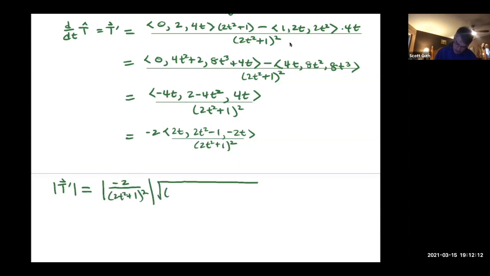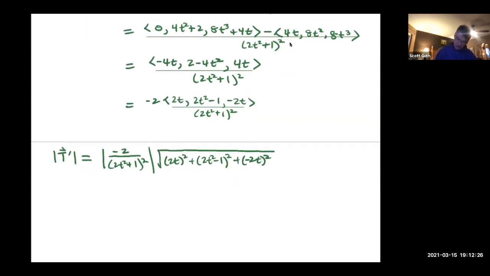All right, so I got this 2t, it's squared. I've got the 2t squared plus, sorry, -1. That's squared. And I've got another -2t here squared. So I think this is going to come out pretty nice. Here, I'll just write 2 over 2t squared plus 1 squared. And the square root, if everything goes right, it'll be sort of magical.